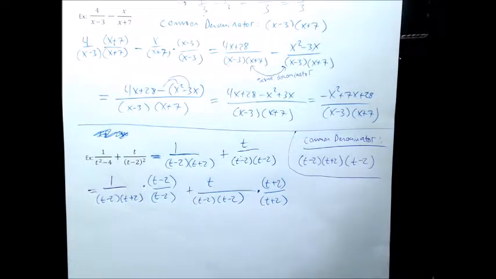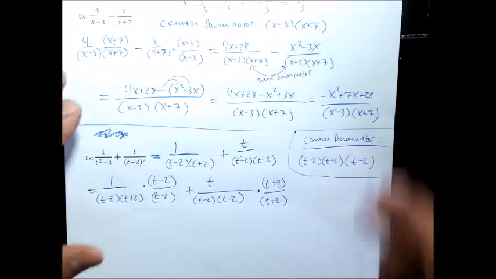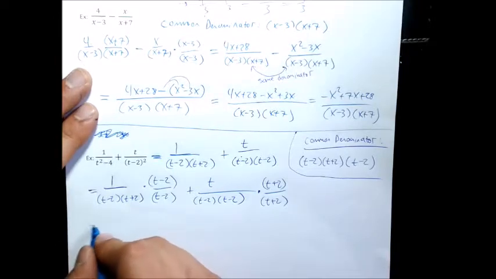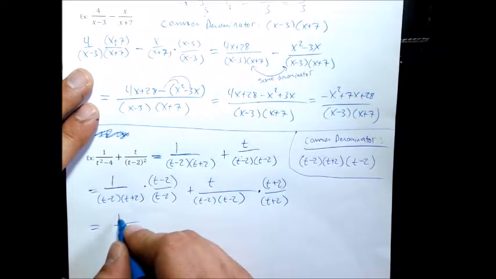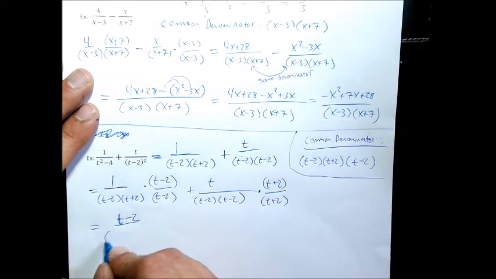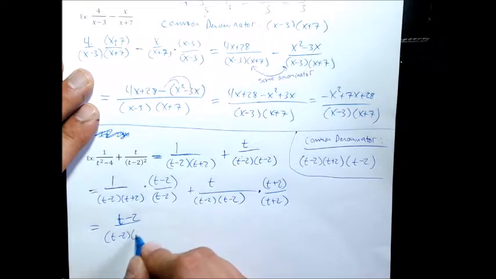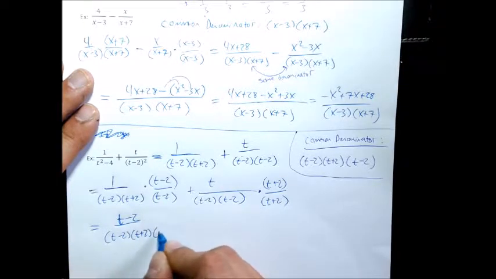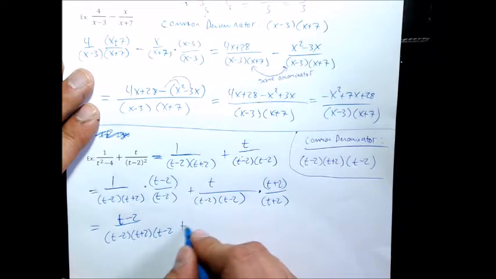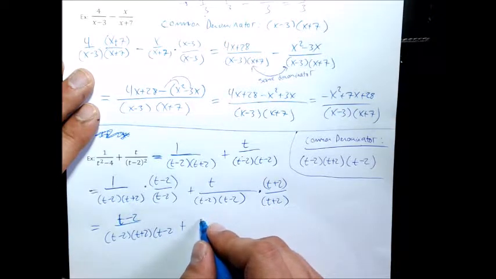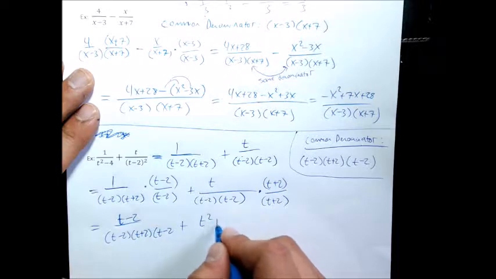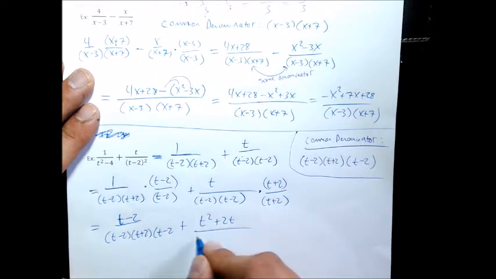Just pause there for a second and see if you have any questions. I'm just going to rewrite it in its ready-to-go form here. We'll get (t minus 2) over (t minus 2)(t plus 2)(t minus 2), plus (t squared plus 2t) over that same denominator.